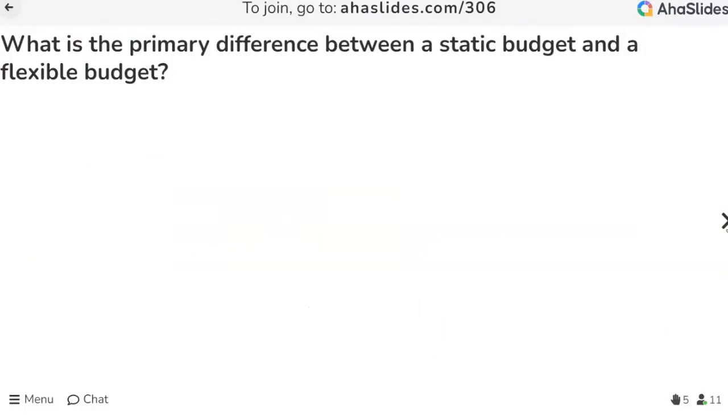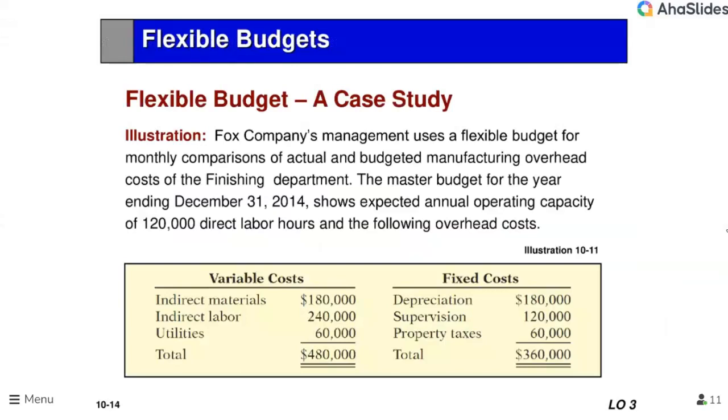All right, here's a case study of Fox Company. They use the budget to evaluate the performance of their managers, but they do a flexible budget. Compare actual results to the manufacturing overhead costs. The master budget for the year ending and so on.